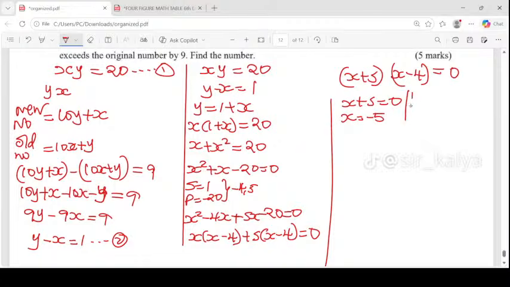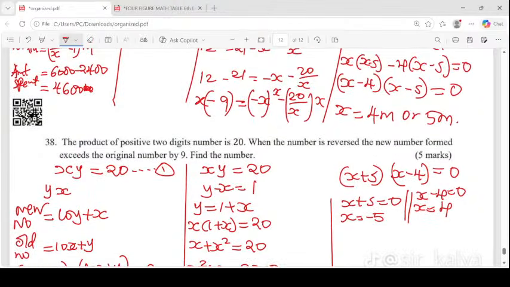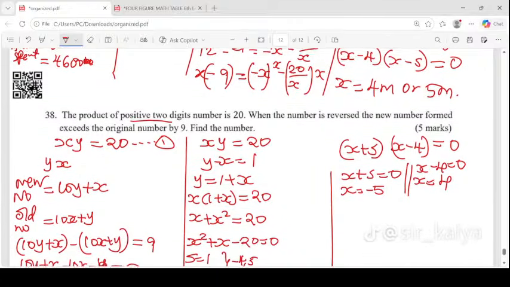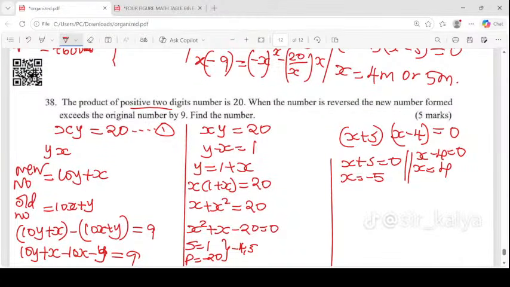In the next case, I'll have x minus 4 is equal to 0, meaning x is equal to 4. But now, because the digit is the product of two positive digits, we are going to disregard the negative one and pick the value of x as 4.